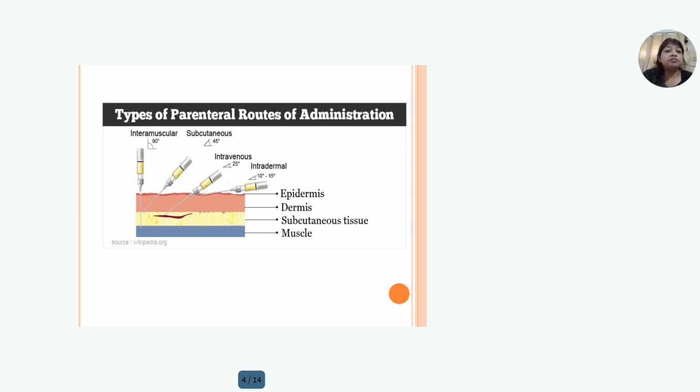We can see from the diagram that when the needle goes to the muscle section, we call it the intramuscular route. When it penetrates up to the subcutaneous section of the skin, we call it subcutaneous administration. Similarly, when it is penetrated into the veins, that means into the blood circulation directly, we call it intravenous, and then the intradermal.